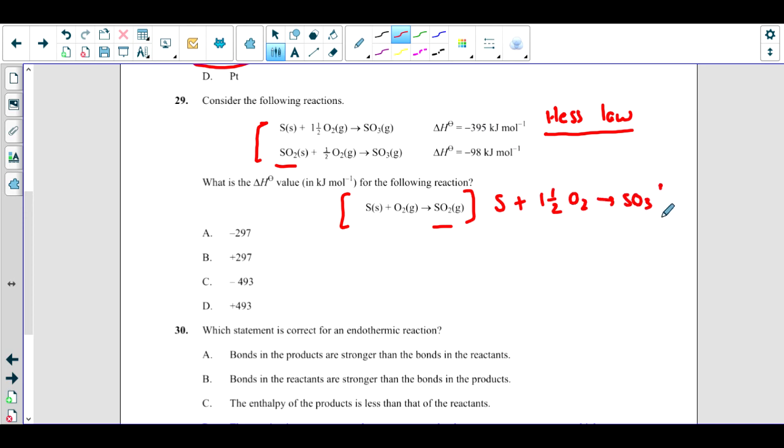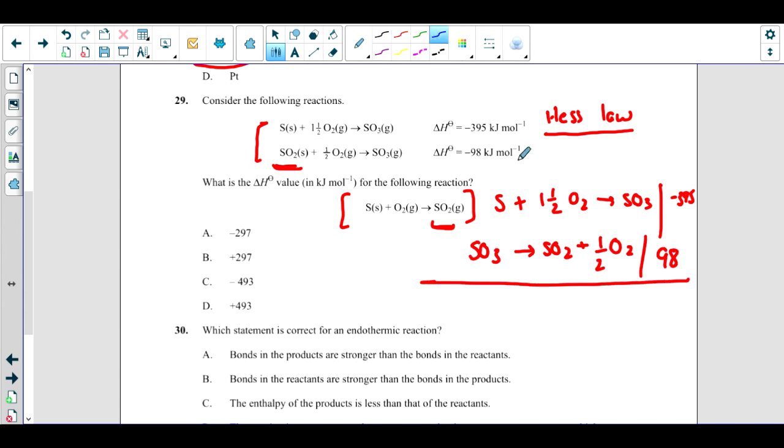Nothing done, so the same value will come, negative 395. But this one I should flip. Why? Because I need this SO2 on the product side. So I flip it. SO3 will be giving me SO2 plus half O2. I flipped it, so it will become positive 98. Now if anything can cancel here, this SO3 cancels with this SO3.